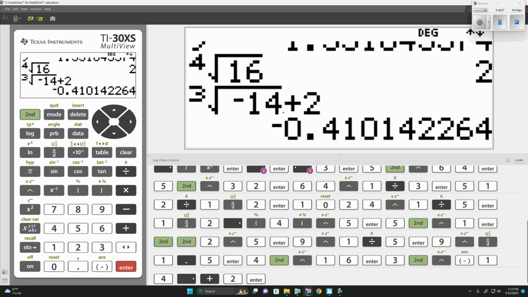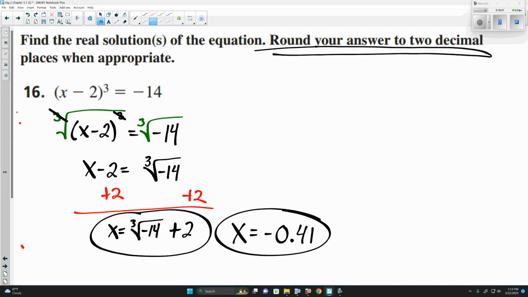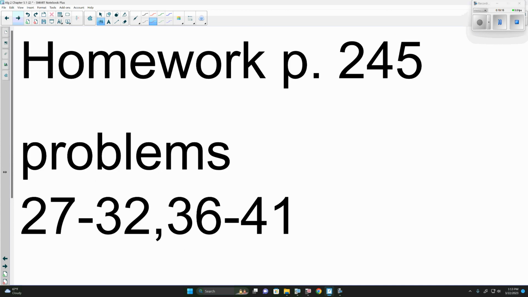Yep, since we go 2 decimal places. And if we had the plus or minus, we would do the positive and negative case. So we've done 2 plus the 4th root of 14, and 2 minus it. Same exact thing. But that's it.